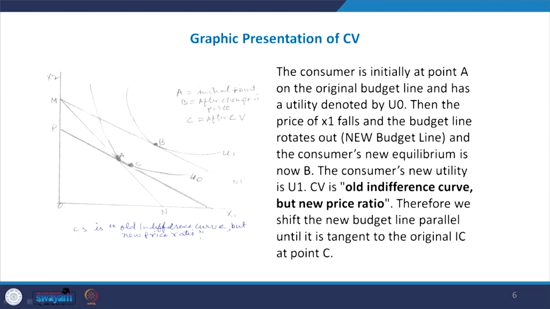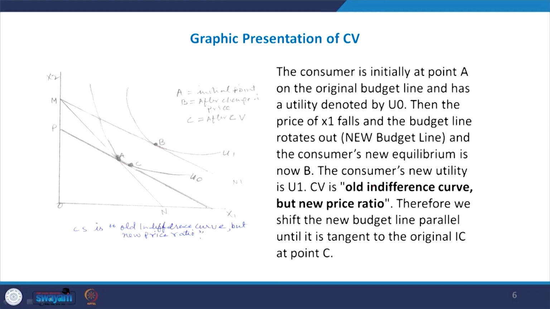Now, if the price of product x1 falls and the price of x2 remains constant, and the amount of money spent on these two products x1 and x2 also remains the same.